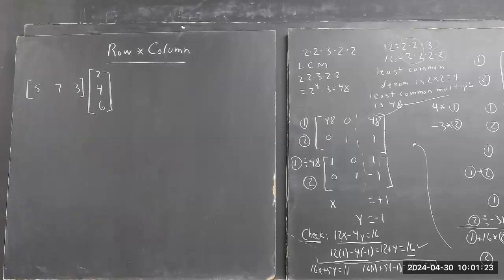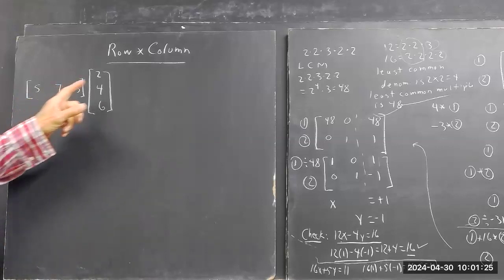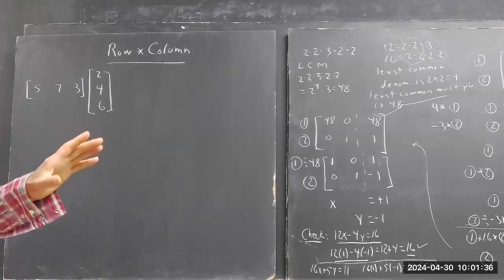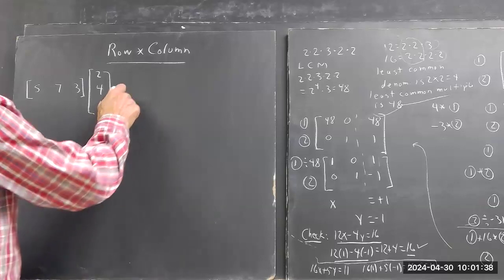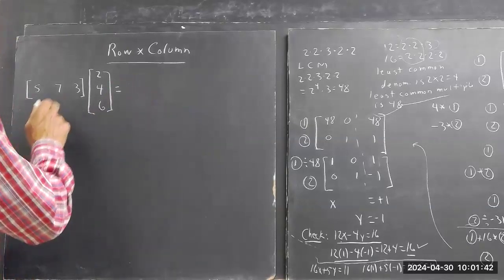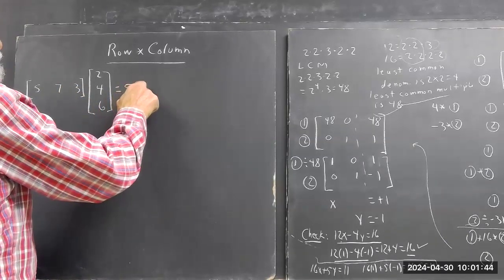Okay. Can you multiply the first number in the row by the first number in the column? Well, we don't worry about actually multiplying it, we'll just write it out. First number in the row times the first number in the column is 5 times 2.